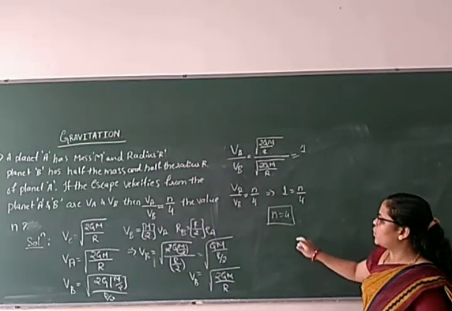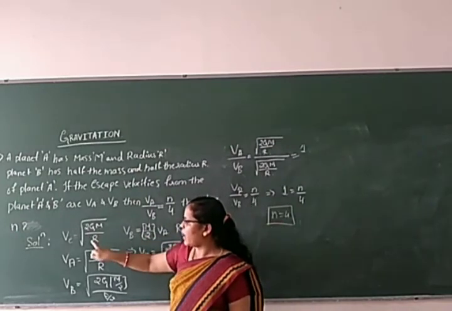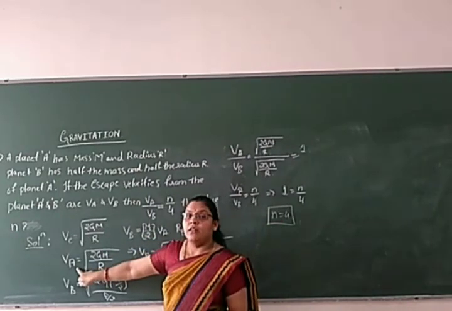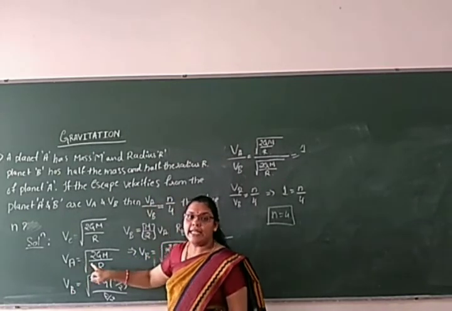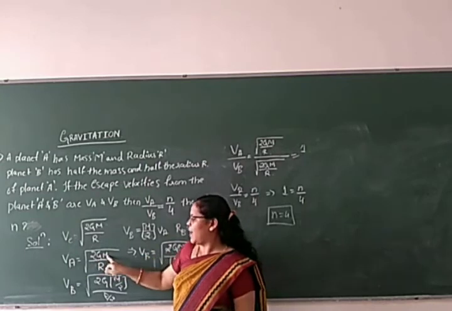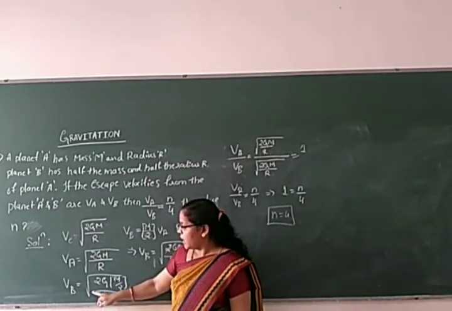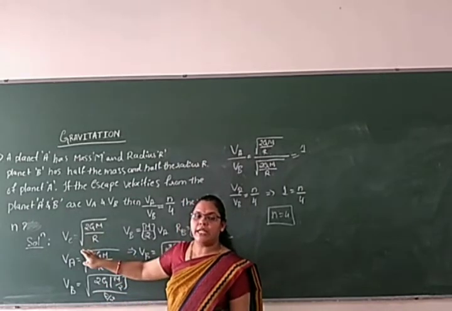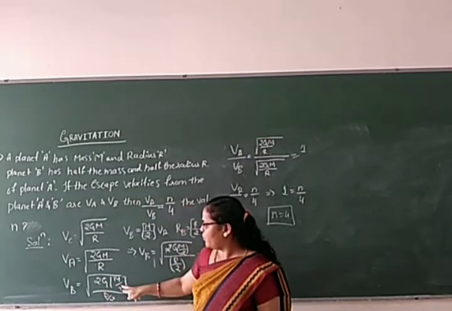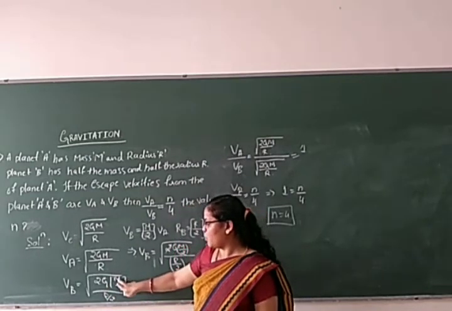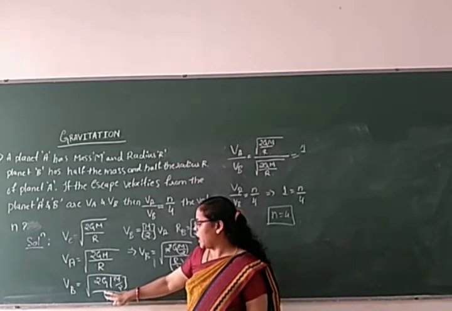So, clear? We have the escape velocity, that is root of 2GM by R, and the escape velocity of planet A is root of 2GM by R. But for planet B, the mass is half that of planet A and the radius is half that of planet A. So in place of the mass of planet B you put M by 2, and in place of the radius of planet B you put R by 2.